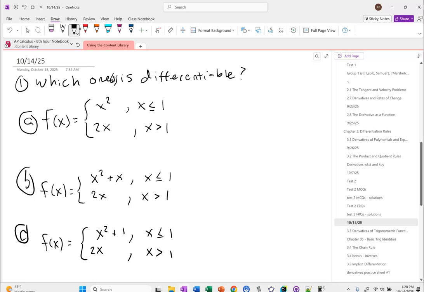I don't want to say there's only one of them, so which ones, maybe singular, maybe plural, are differentiable. Take a couple minutes here, work through what you can do, and then we'll talk through it. I'll go through what exactly I'm checking for and how to check this in a moment.